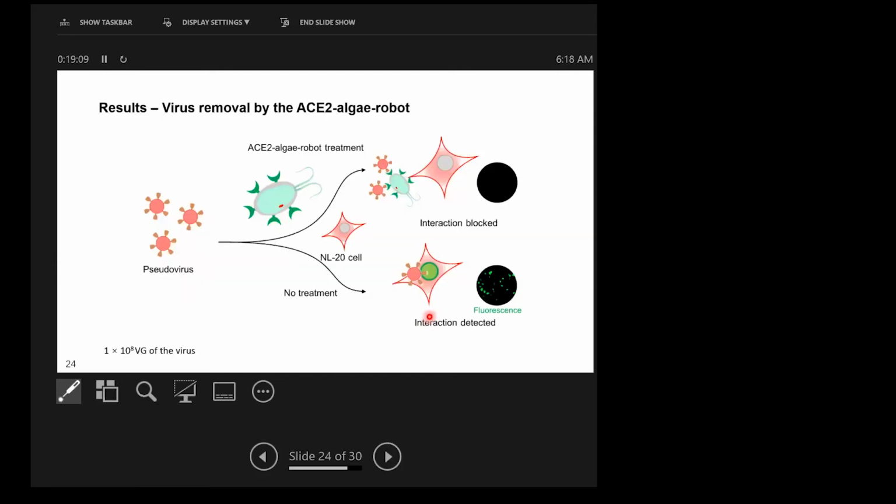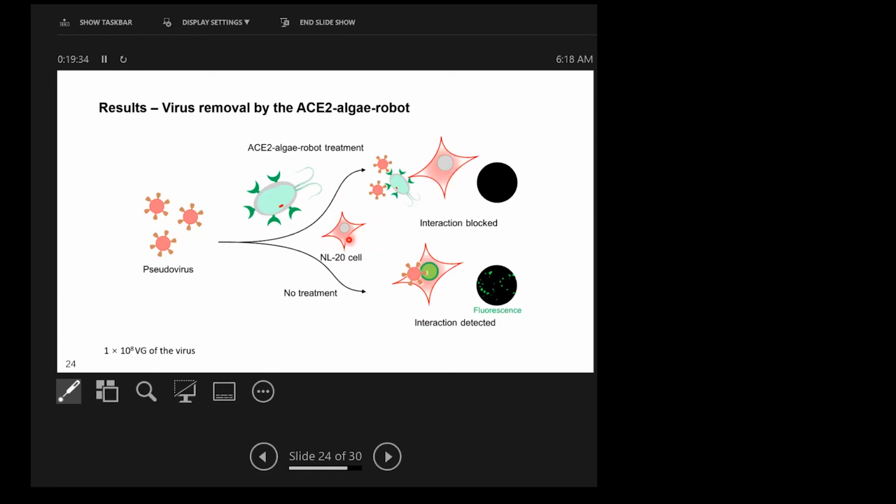Next, we quantitate this virus removal efficiency. Here are several steps for the quantification. After ACE2 algae robot treatment, the pseudovirus can be largely captured and removed from the solution. It can be validated and visualized by an NL20 cell-based assay.